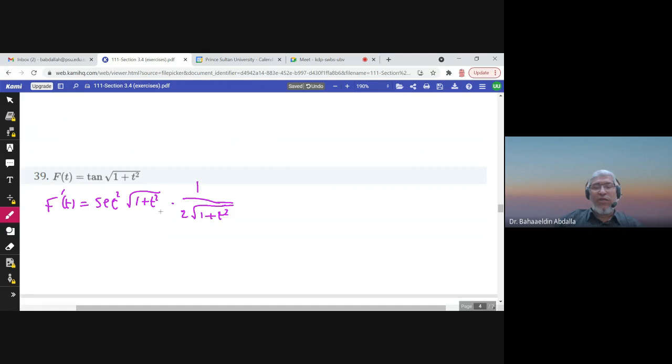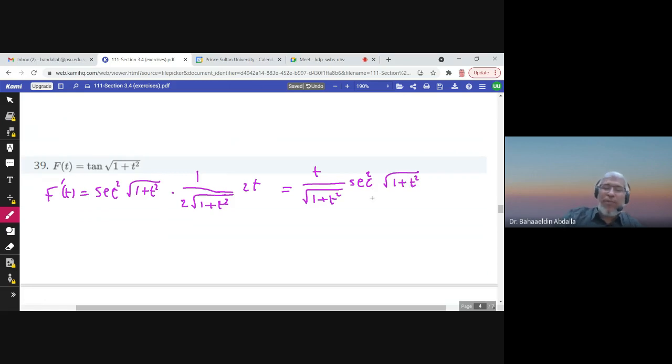The derivative of 1 plus t square is 2t. And you can write it at the end, 2 cancels with 2. You can write it t over square root of 1 plus t square times secant square of square root of 1 plus t square.